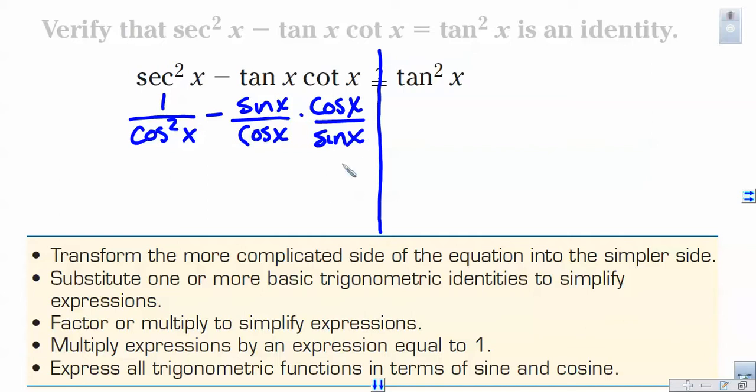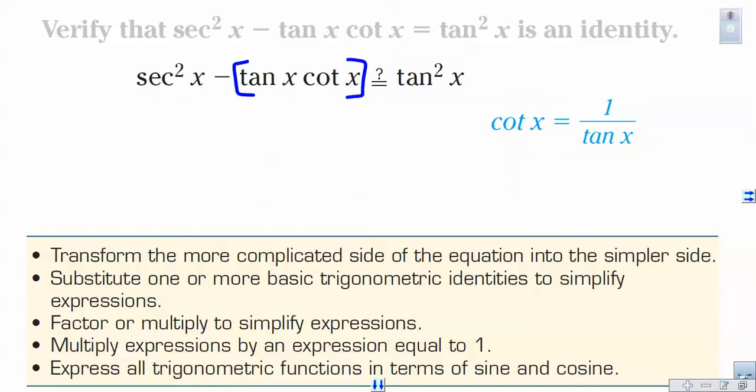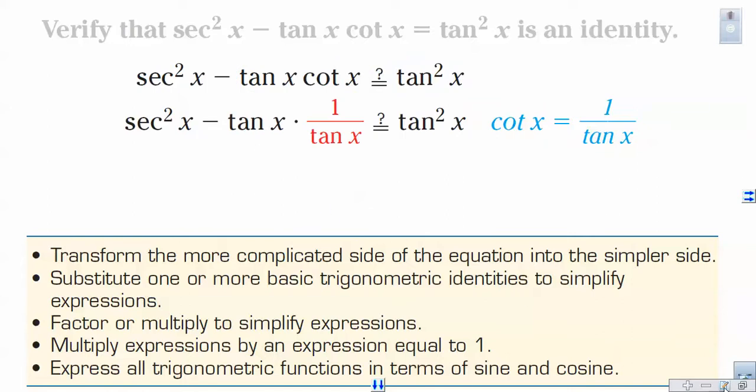Notice what happens here is that the sines will divide out and the cosines will divide out to be 1. So notice it doesn't really matter whether you change it to sines and cosines, or if you see this right away and you switch it out to say 1 over tangent. Either way, this stuff right here is going to turn out to give us 1.